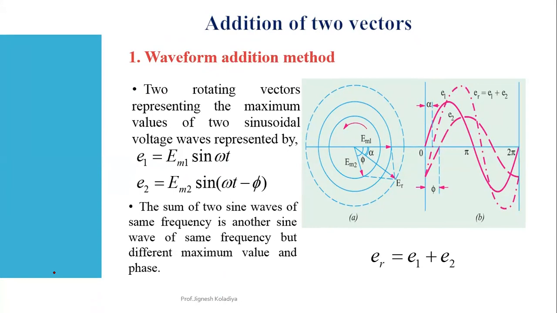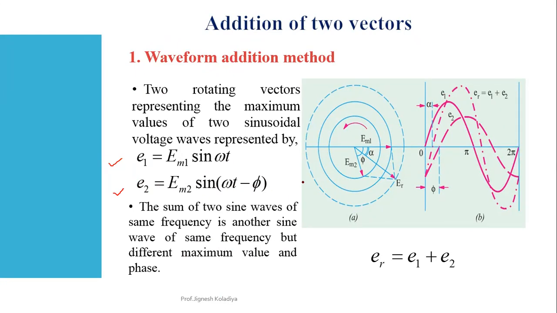Two rotating vectors representing the maximum value of two sinusoidal voltage waves represented by E1 and E2. E1 is equal to Em1 sine omega t, E2 is equal to Em2 sine omega t minus phi.